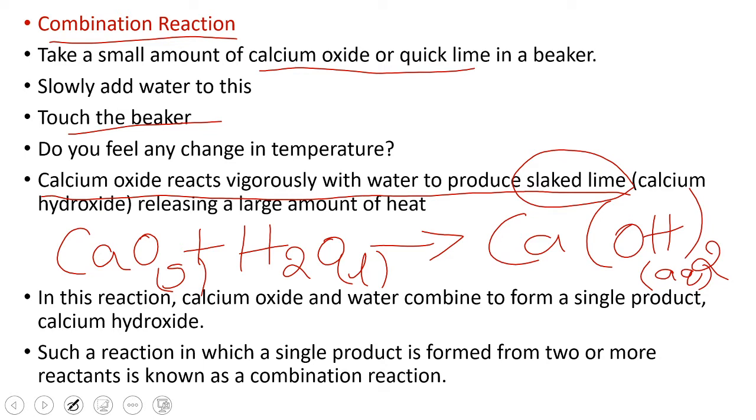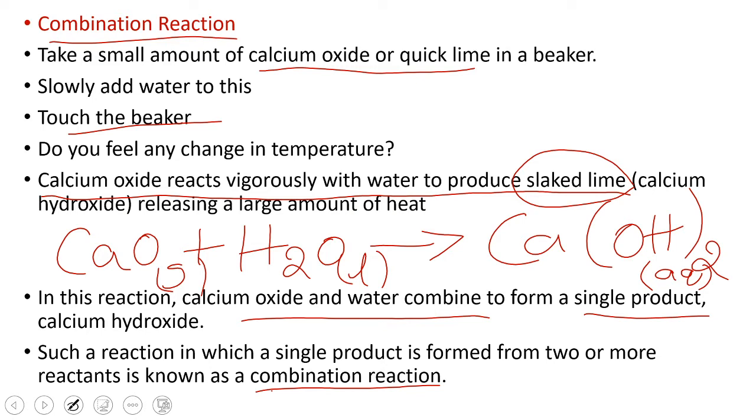If you observe, the calcium oxide and water are combining to form a single product. Here only one product is liberated. Such reactions are termed combination reactions. Two or more reactants combine to form a single product.